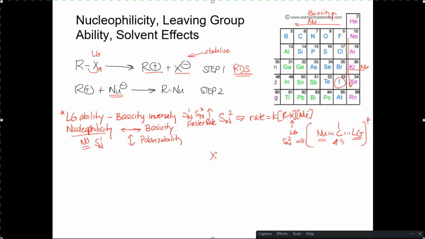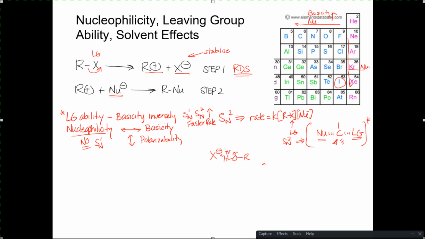Well, let's take a look at, for instance, a halide ion. Polar protic or polar aprotic, meaning polar hydroxylic or polar non-hydroxylic. Well, if you have a hydroxylic solvent, like an alcohol or water, you're going to have very good solvation because the delta positive hydrogen is going to solvate very well the negative leaving group, or the negative halide ion in this case.